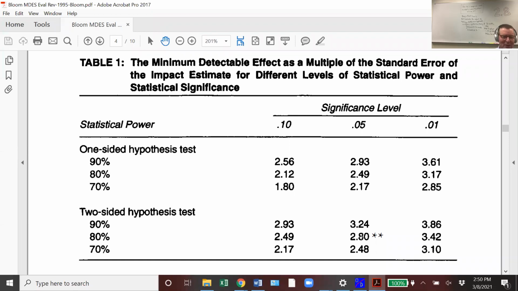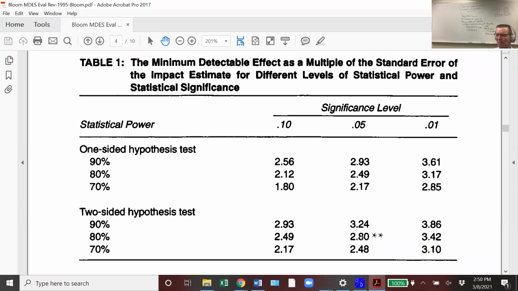And take that standard error, multiply by 2.8, and that gives you your minimum detectable effect size with an 80% criterion, 0.05 significance level, two-tailed hypothesis test.